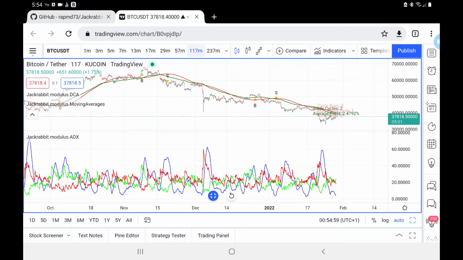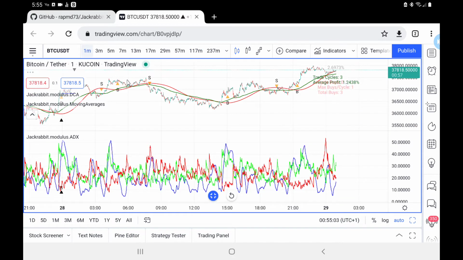That is very conservative. But yet, when you look at the lower time frame, there are at least 3 opportunities over the last 3.5 days. So the lower time frame does pretty good here.